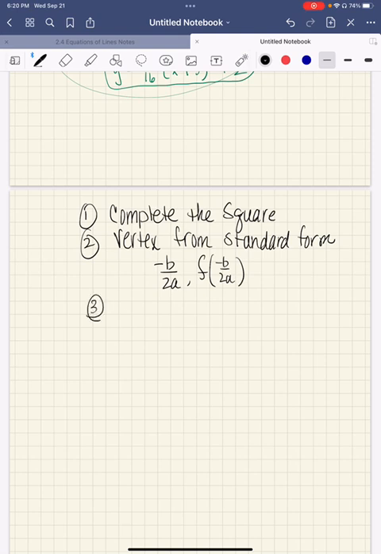Understanding how to find the discriminant, b squared minus 4ac, and what the value of the discriminant tells you. How to write the equation of the graph given points.